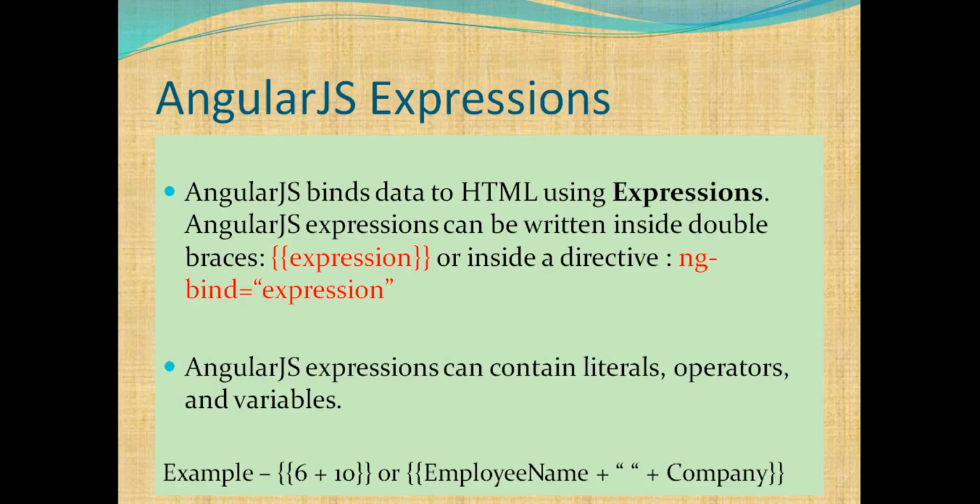For example, you can include literals inside double braces. Suppose I need to add 6 and 10, it will display 16 on the screen. I can also include variables inside double braces, so the employee name and company will be displayed on screen concatenated, separated by a space. Let's see how I use it in my code.